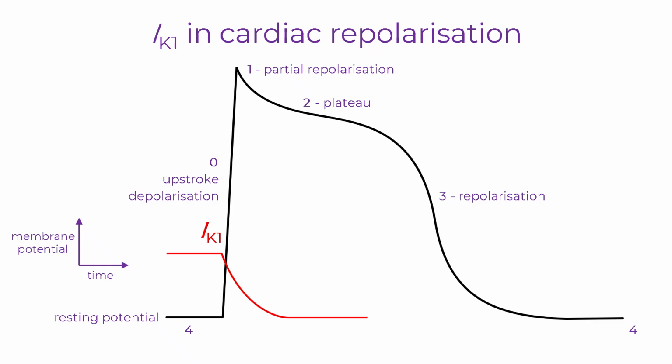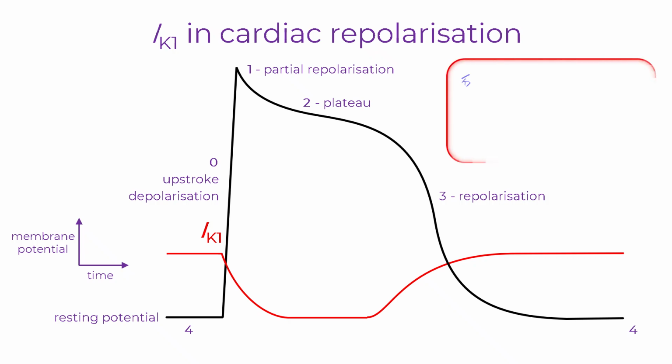As the membrane repolarizes and becomes more negative, IK1 re-emerges and contributes to the terminal phase of repolarization, helping to return the membrane potential rapidly and stably to its resting level. In this way, IK1 acts as a stabilizing current.